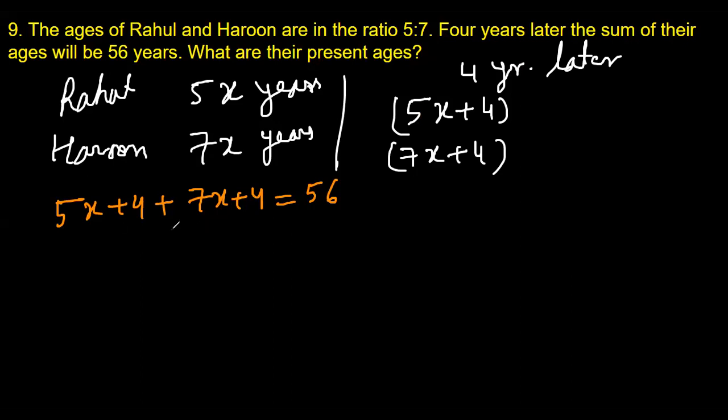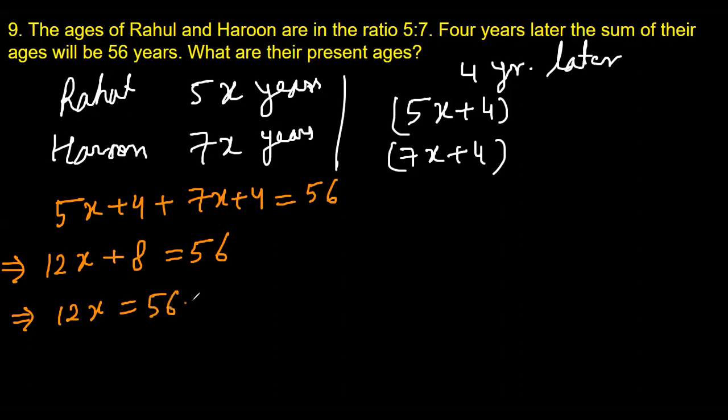Let's add it. 5 plus 7 is 12x, plus 4 plus 4 is 8, is equal to 56. So this means 12x is equal to 56 minus 8. Okay, 12x is equal to 48.